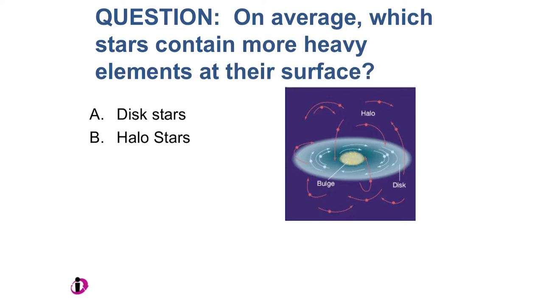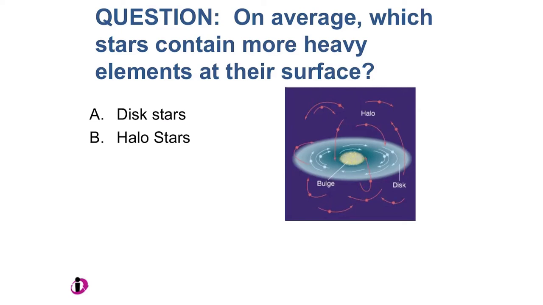And so you might know that the universe, when it began, was almost entirely hydrogen and helium. When we talked about supernovae, we mentioned this fact. And the only reason why we have many of those very heavy elements in the universe at all is because they've been created in supernovae and recycled into the galaxy. And so the first generation of stars, the oldest stars, should have no heavy elements at their surface at all, only hydrogen and helium. The next generation of stars should have a few of those non-hydrogen and helium elements.